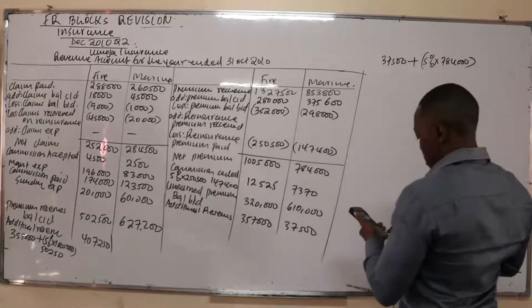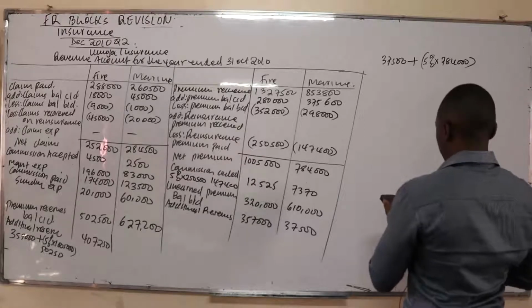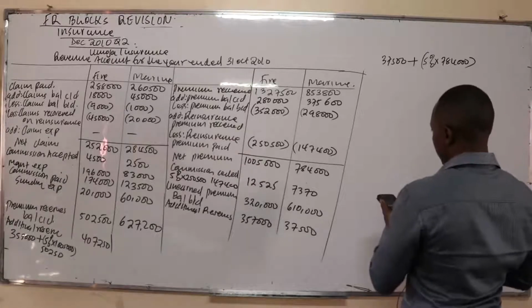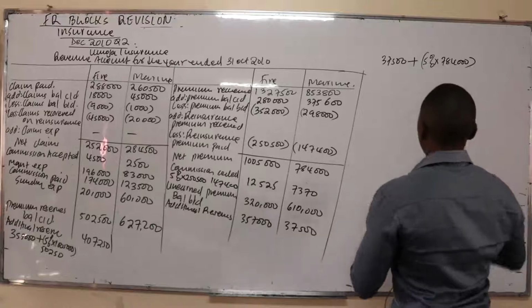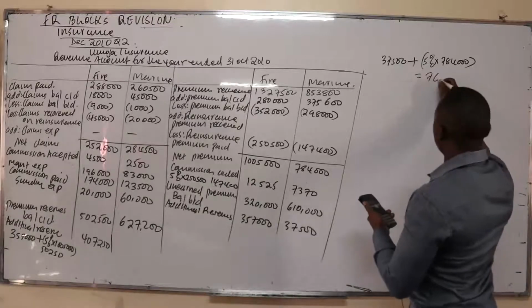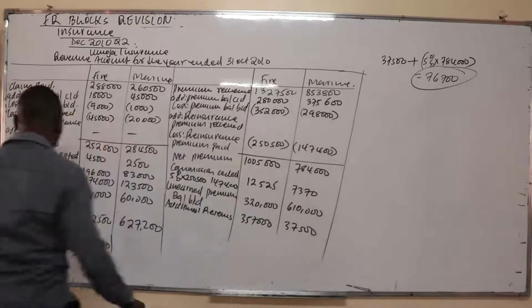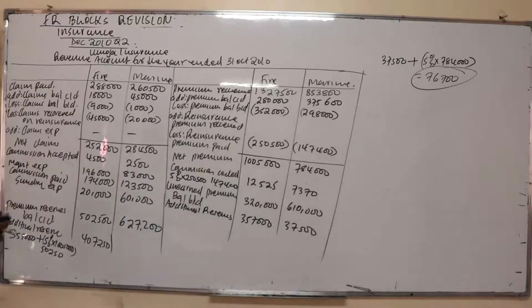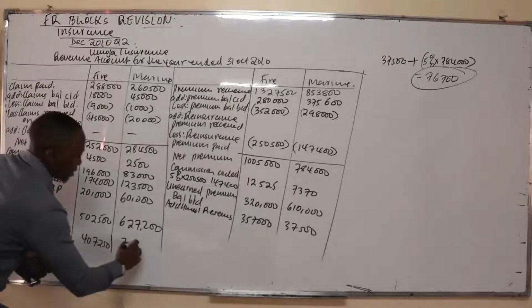So you take 78,400 divided by 2, you get 39,200, you add 37,500, and you get 76,700. Now this is what you take as your balance carried down, 76,700.